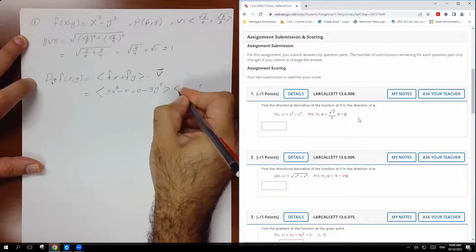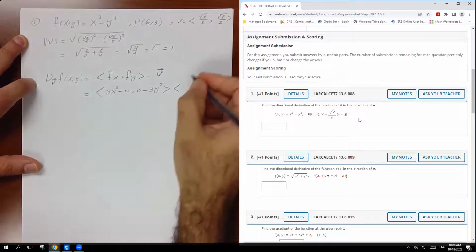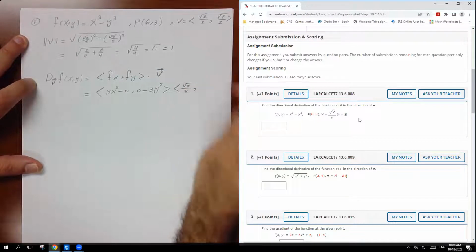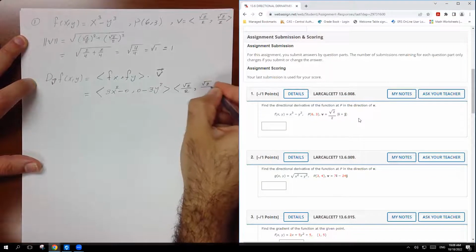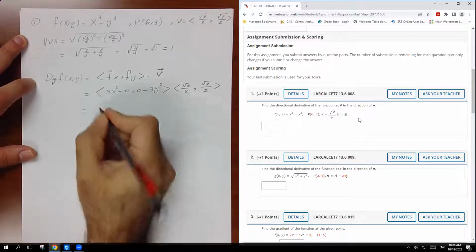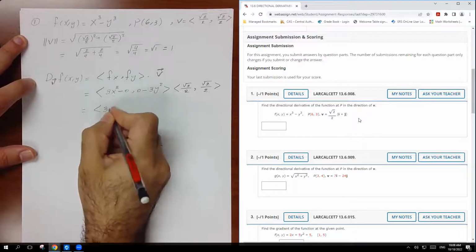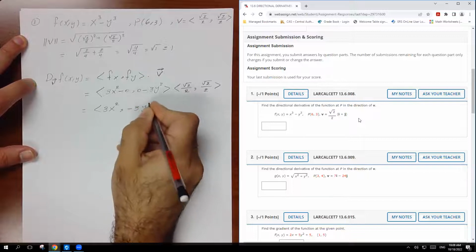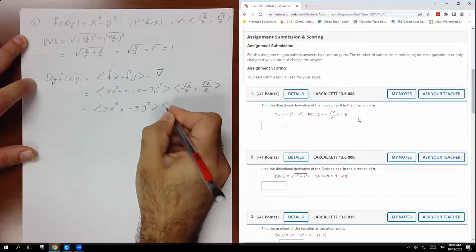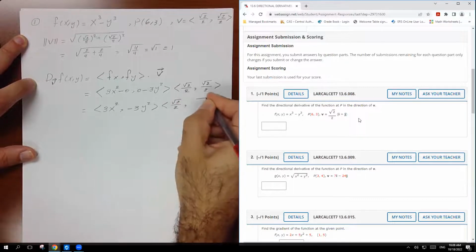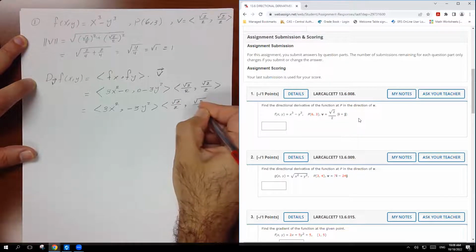And everything is times the vector v, which is square root of 2 divided by 2 and square root of 2 divided by 2. Then this one is going to be equal (3x squared, negative 3y squared) times (square root of 2 divided by 2, square root of 2 divided by 2).